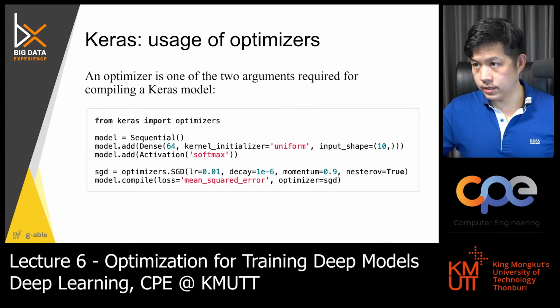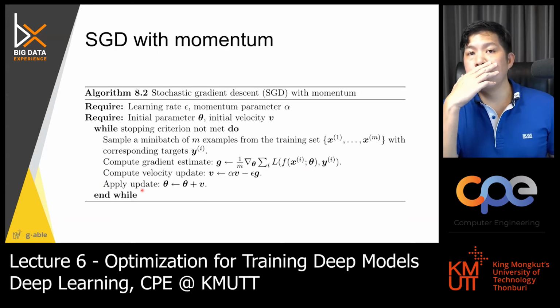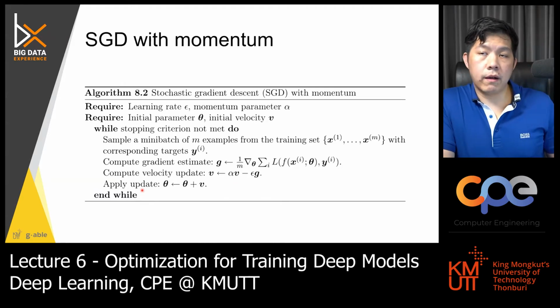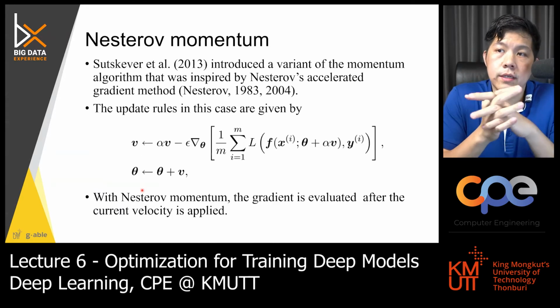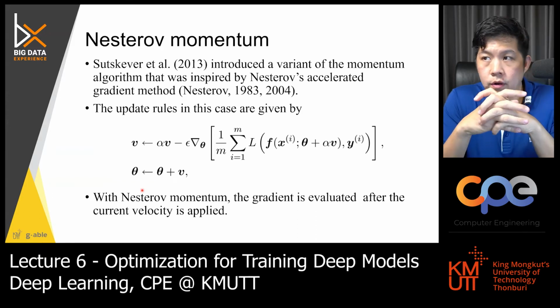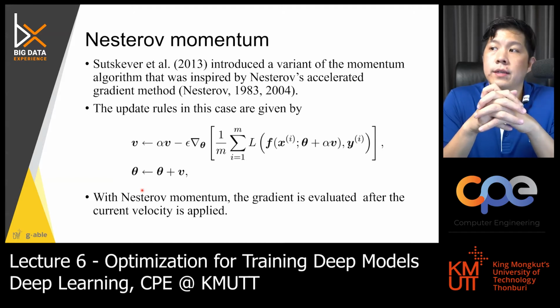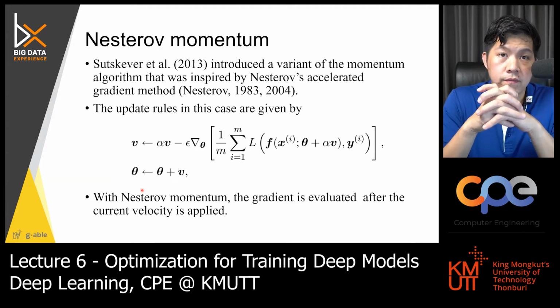Next is another type of momentum, which is called Nesterov momentum. This concept was introduced in 2014. It's a variant of the momentum algorithm for deep learning.